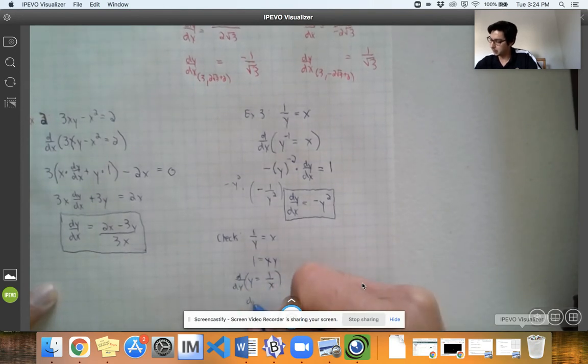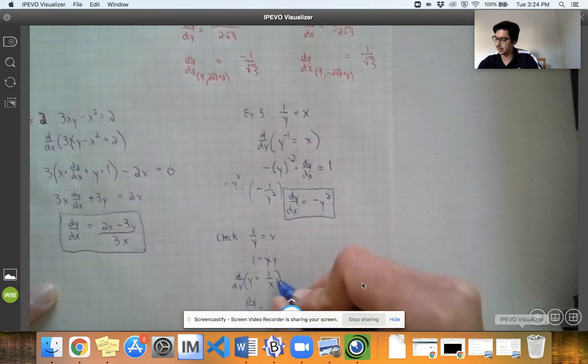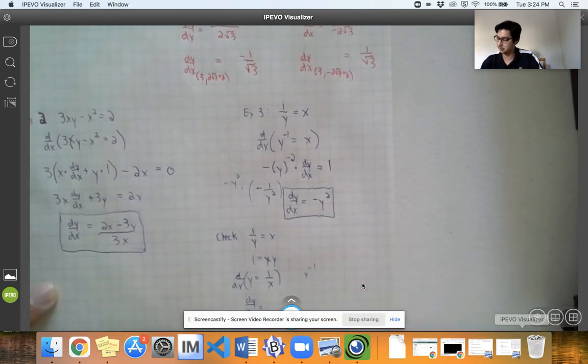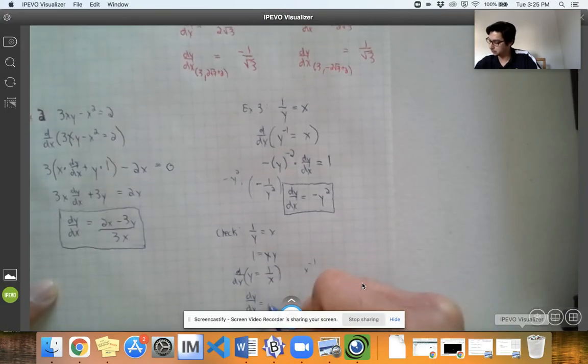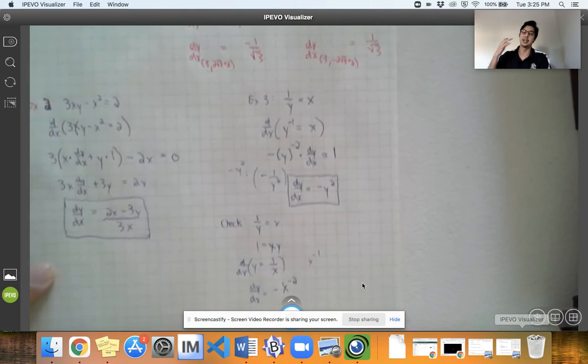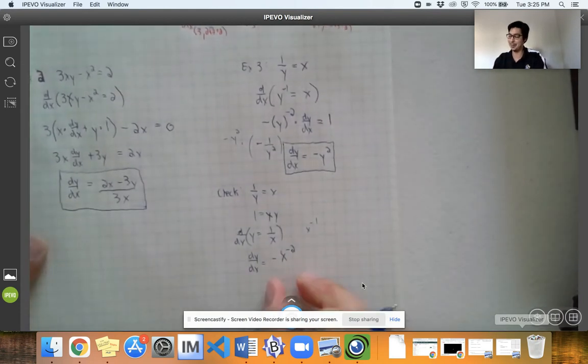we'll have dy/dx is going to equal, now that can be written as x to the negative 1. So then I bring that in front, and it'd be negative x to the negative 2. Sorry, I'm getting lost in all this implicit differentiation because of the power rule.